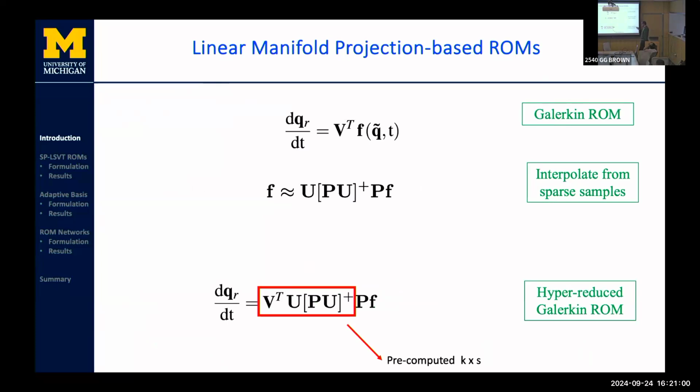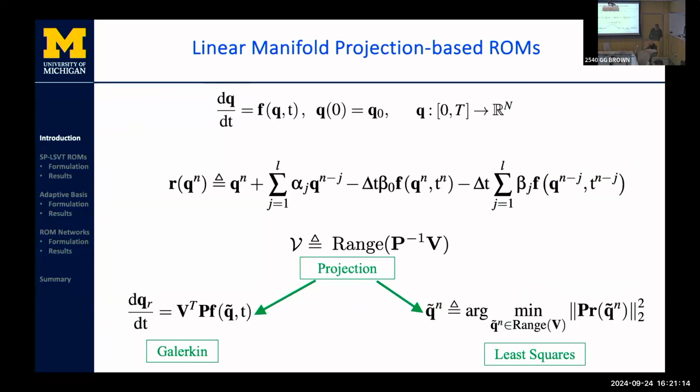Because as you know, in finite elements, if you apply Galerkin projection, it works well in elliptic problems, but if you go to hyperbolic and parabolic problems, you have issues. It's the same issue with these Galerkin reduced order models. So instead, there are many ways of getting ROMs that are more stable for more general problems.